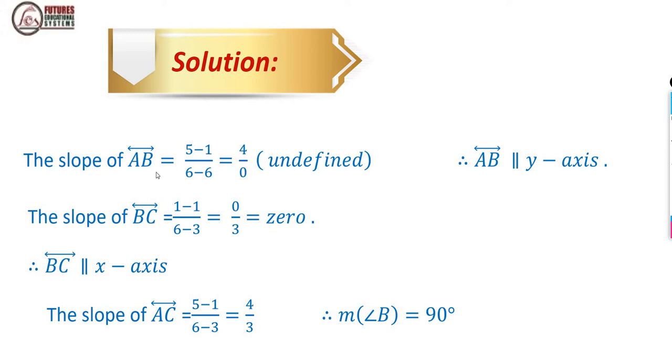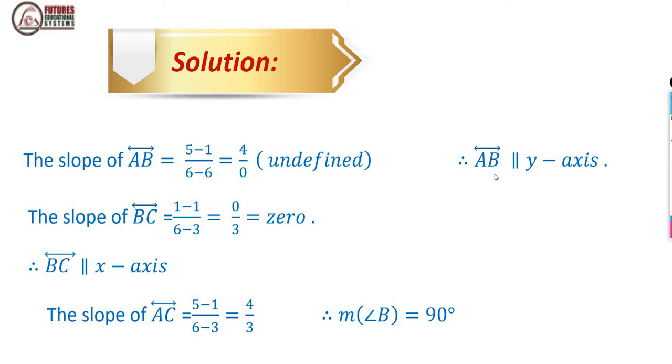The slope of AB equals difference in y over difference in x, 4 over 0, undefined. Therefore, straight line AB is parallel to the y-axis because the slope is undefined. The slope of BC, difference in y over difference in x between the two points, 0 over 3 gives 0. Slope equals 0, therefore BC is parallel to the x-axis.